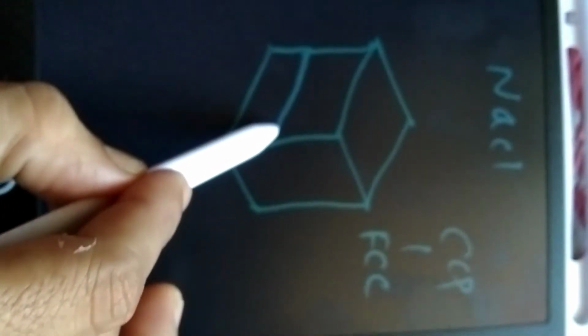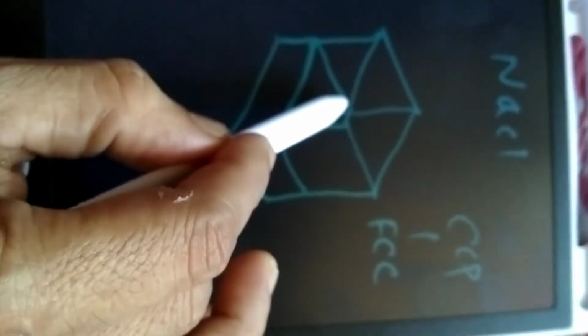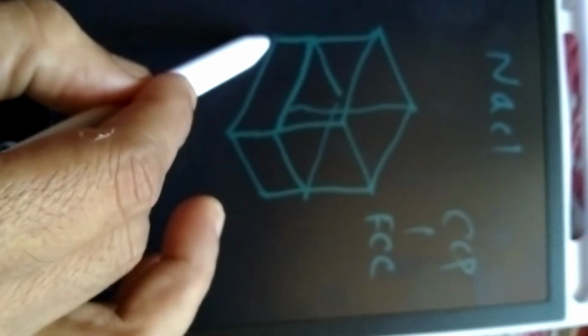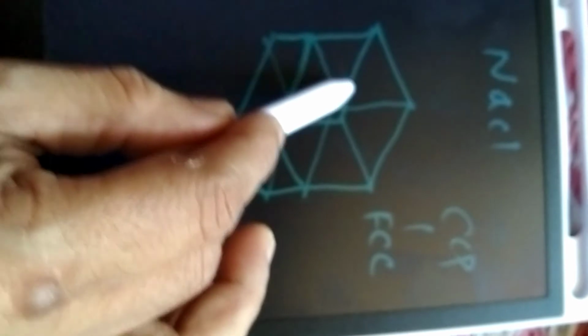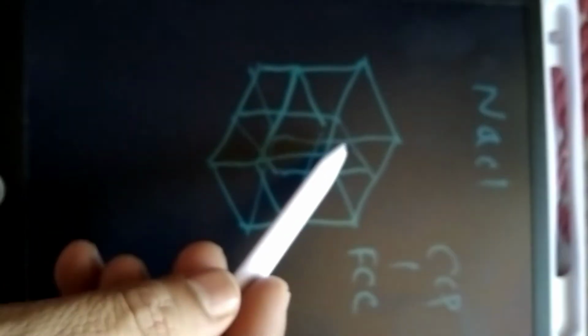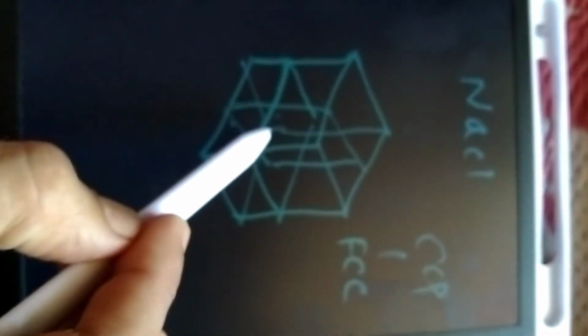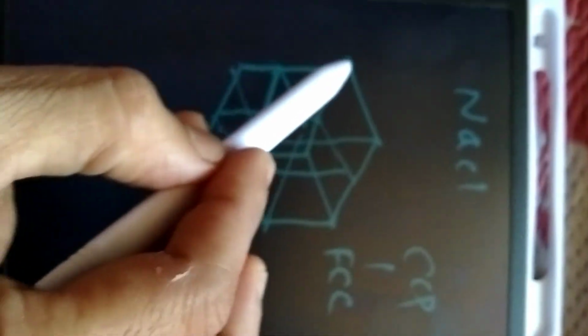This unit cell consists of three layers vertically and three layers horizontally for the ions: top, middle, bottom, and from here 1, 2, 3. Vertically 3 and horizontally 3 layers are present for the ions.